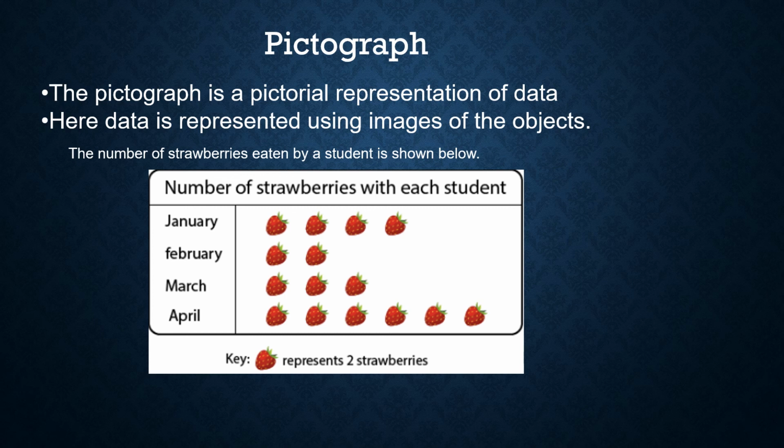Similarly, February, 2 pictures are shown here. Therefore, total number of strawberries is equal to 2 into 2, 4. And in March, 3 into 2, 6. April, 6 into 2, 12 strawberries. Thus, from the picture itself, we can easily read the table properly.